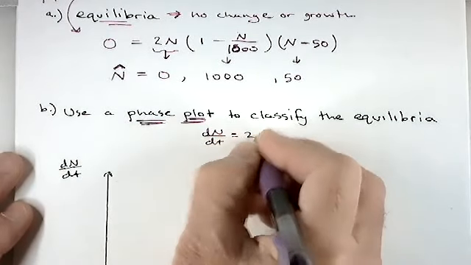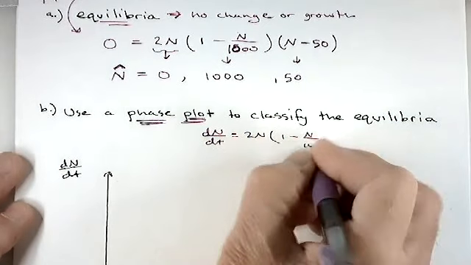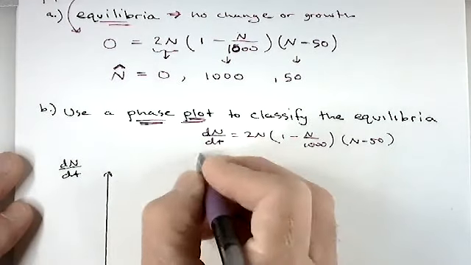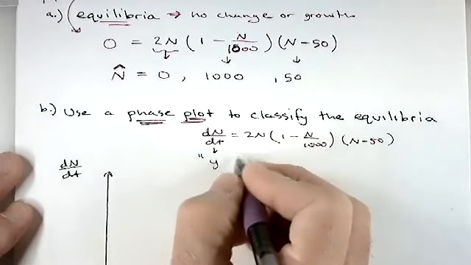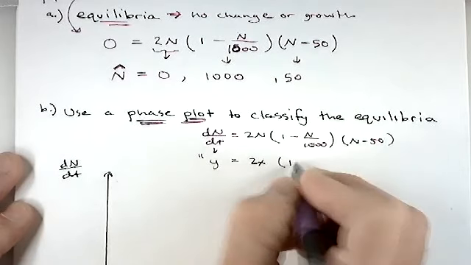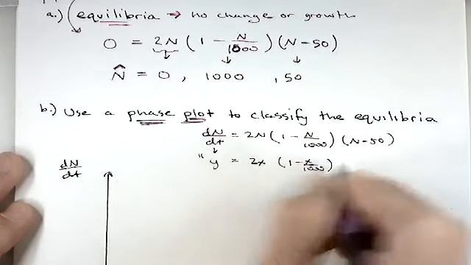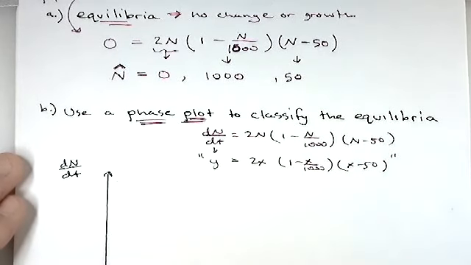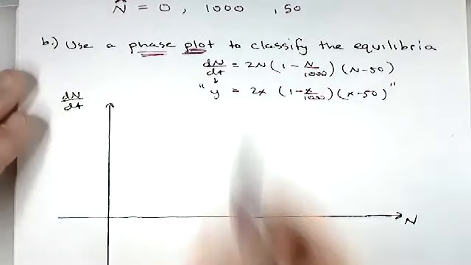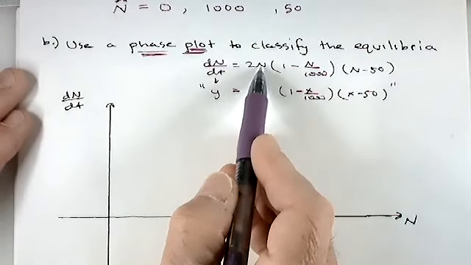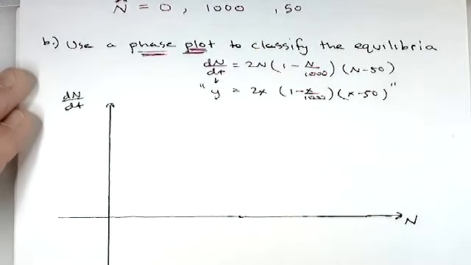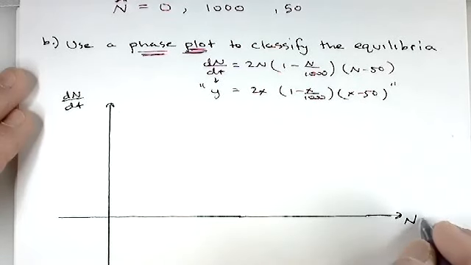It was 2N times 1 minus N over 1,000 times N minus 50. We're graphing this as if it was like y equals 2x times 1 minus x over 1,000 times x minus 50, as if it was just a regular y-x graph, but the difference, of course, is that what's acting like x is N. So your x-axis is N, and remember that N is the actual population size.